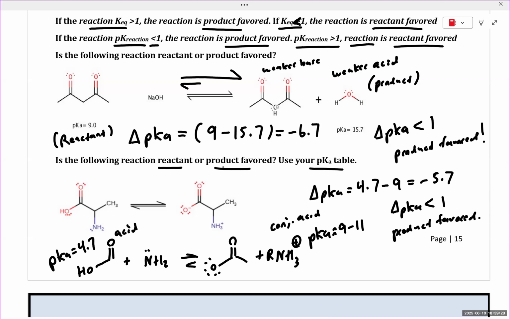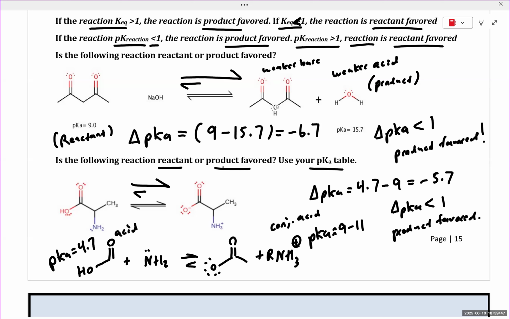This is pretty relevant in terms of biological systems, in that when we look at this compound, which is known as an amino acid, amino acids actually exist in the following form, which is known as a zwitterion, where we have both a negatively and positively charged atom in this structure.